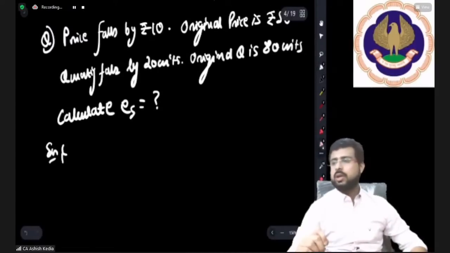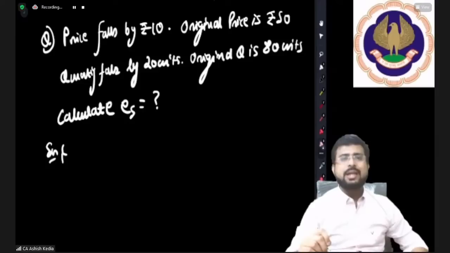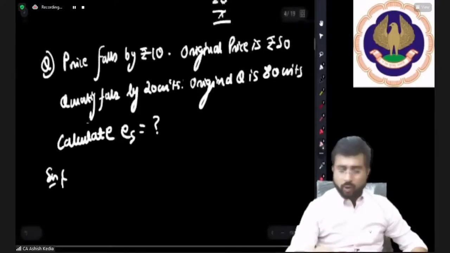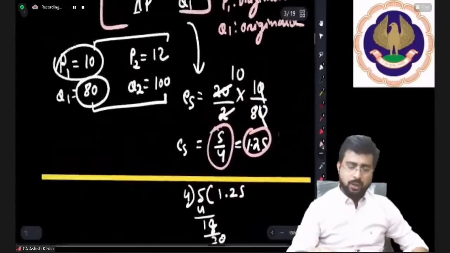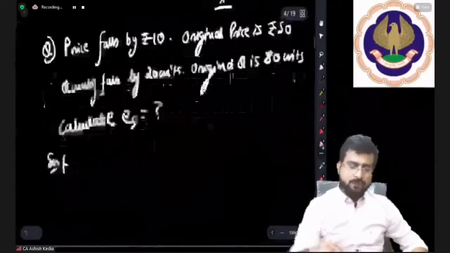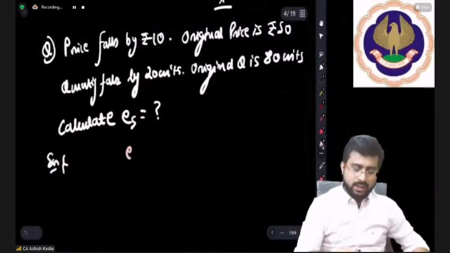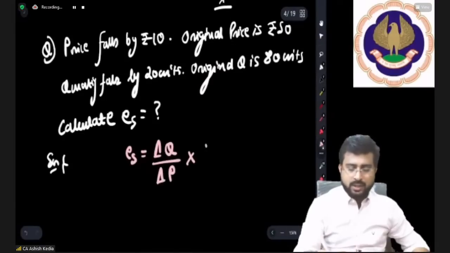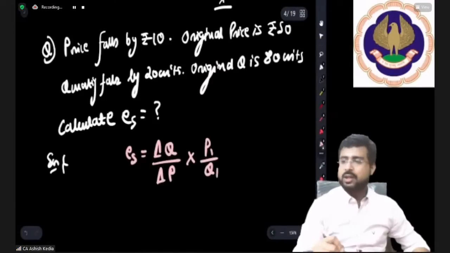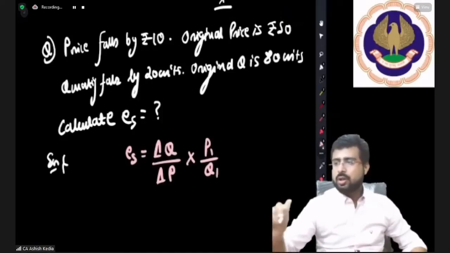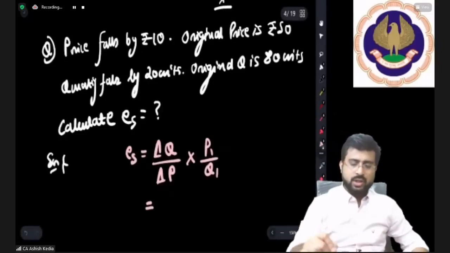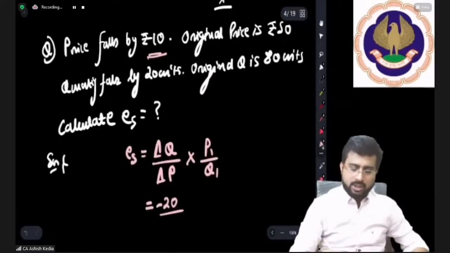So yes, you are absolutely correct. See, what you have to do is apply this simple formula: change in quantity by change in price into original price by original quantity. The change in quantity is 20, the change in price is 10, so minus 20 by minus 10.